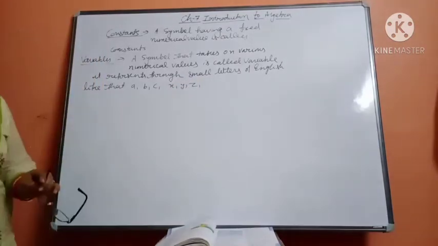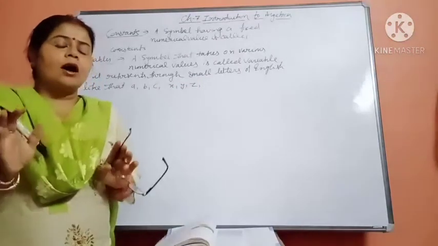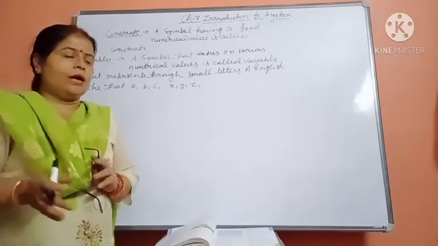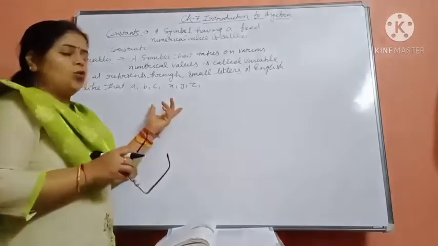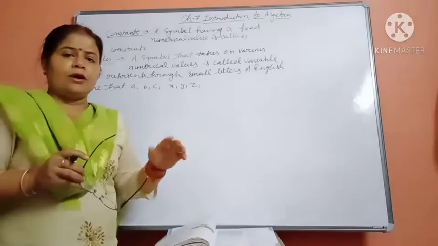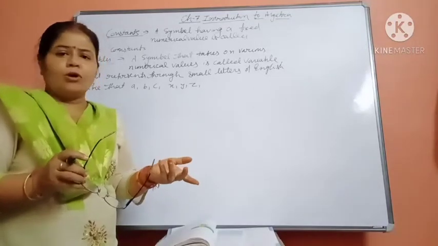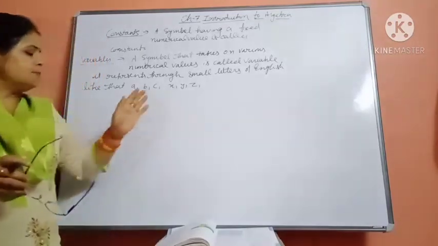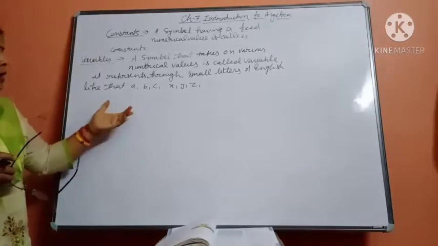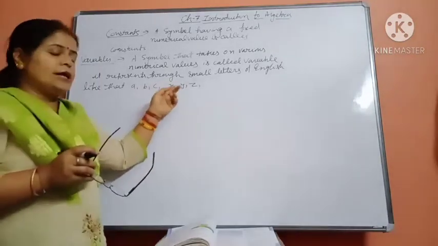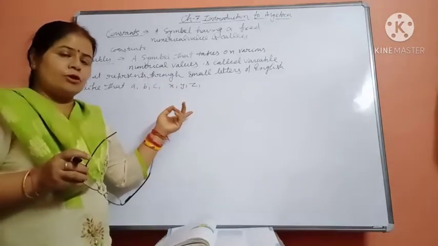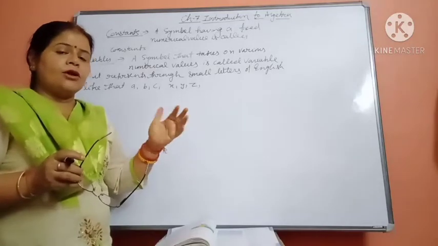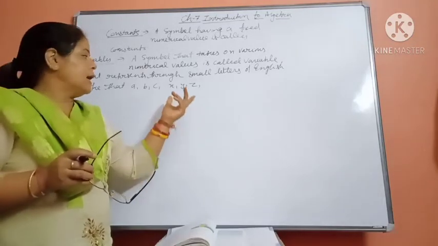Means when we are discussing an unknown value, we don't know what its value is. Whether it is 3 or 4 or 5, we don't know that. In that place we represent it with a variable.